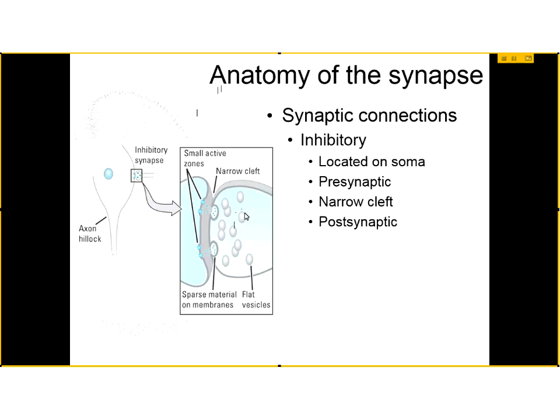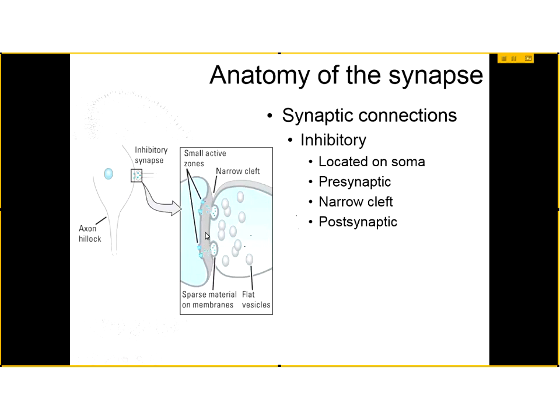You can see synapses across a wide range of areas, but if we were to say where excitatory and inhibitory synapses are occurring, in general, excitatory occurs on the dendrites, and inhibitory tends to occur on the cell body. We also have these flat vesicles, as well as a sparse presynaptic membrane where there isn't a lot of active material being released. So it's a little bit more sparse.